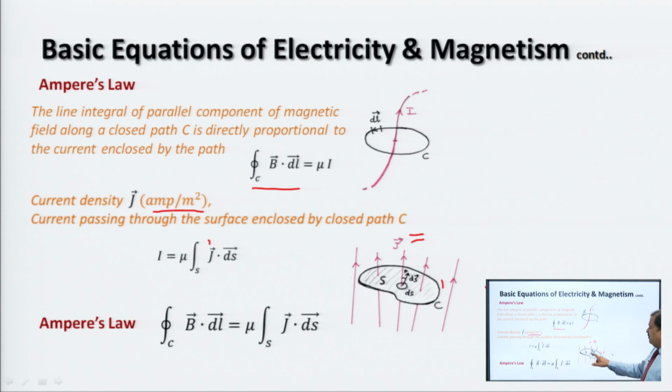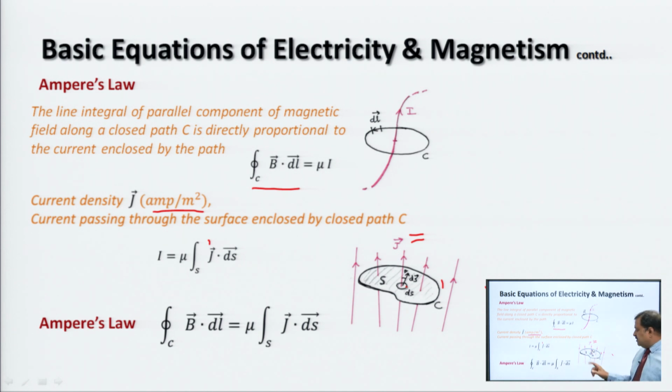Consider a small element of the surface ds, and you can express it as a vector. It is normal to the surface, and the current density J is making an angle theta with the normal to the surface.